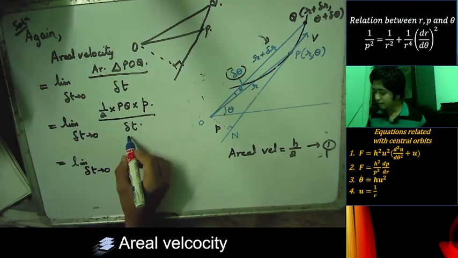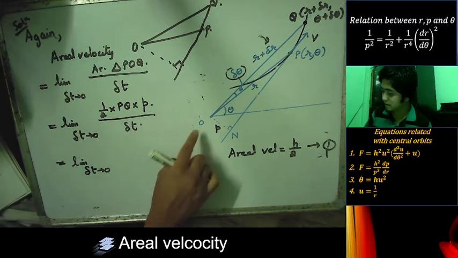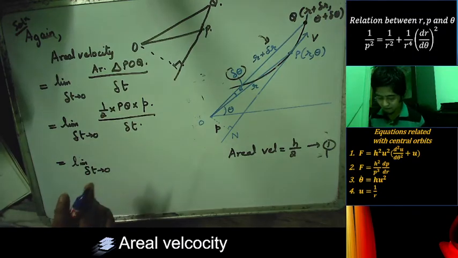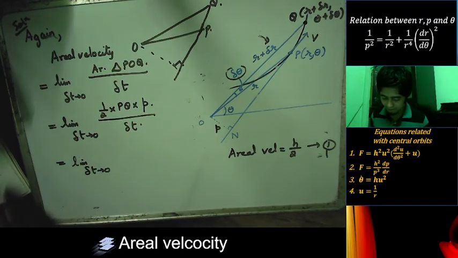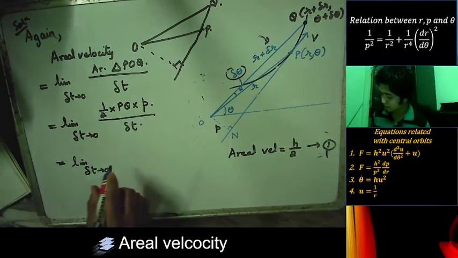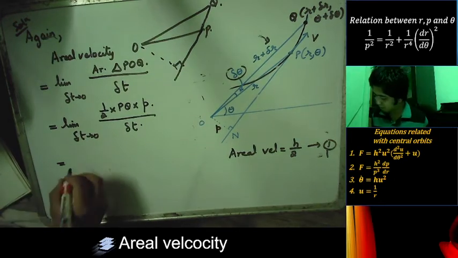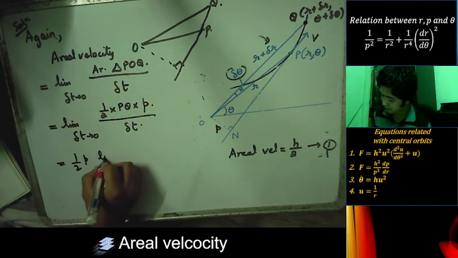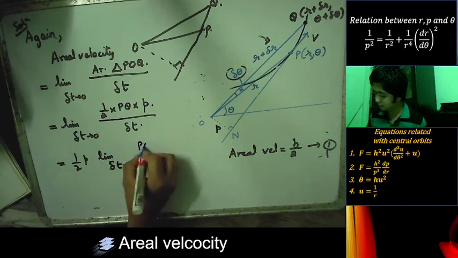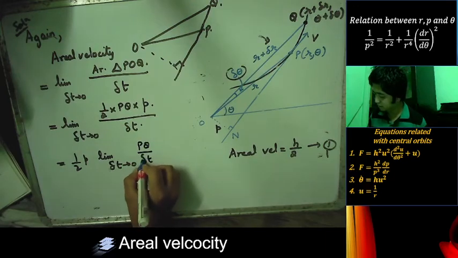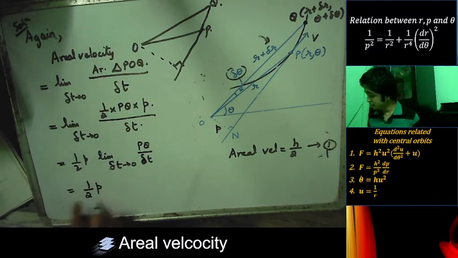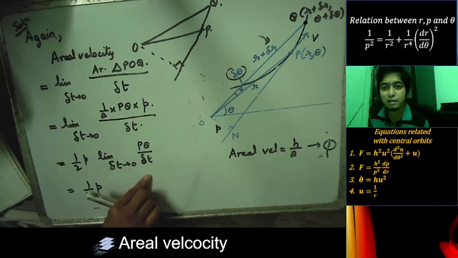Now PQ by del t. Note that p is also a constant for this one, so we can write the limit as half p times the limit as del t tends to 0 of PQ by del t.